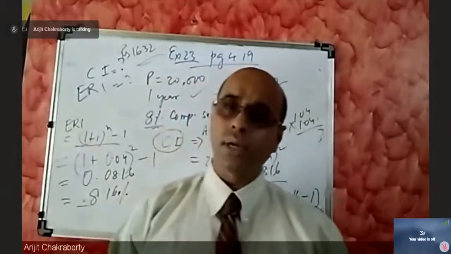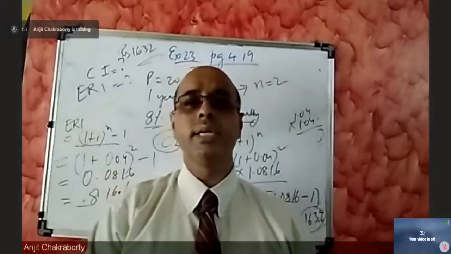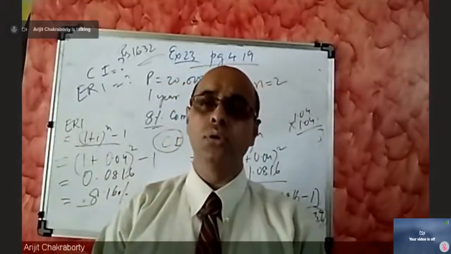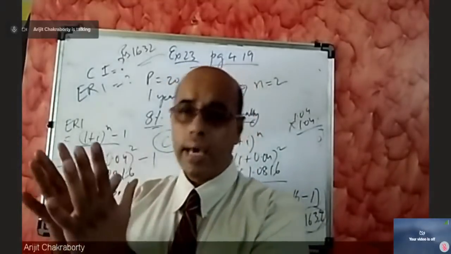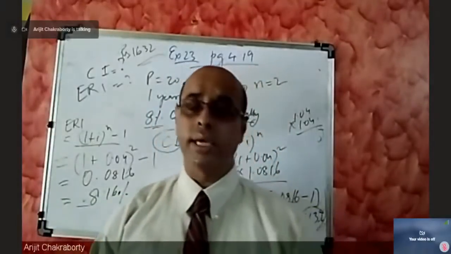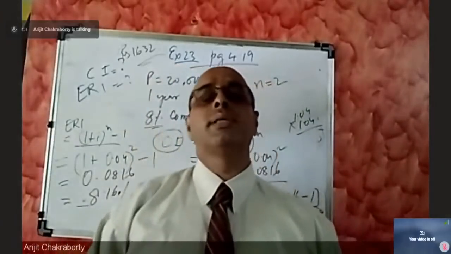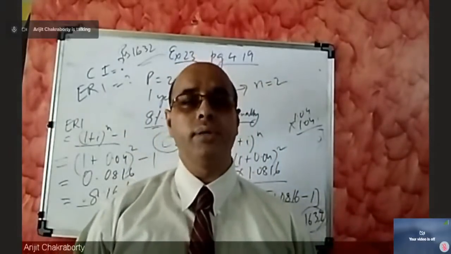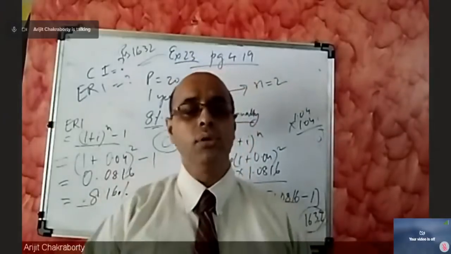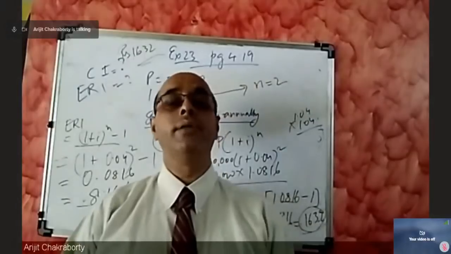We did numericals on the effective rate of interest, and we proceeded to understand cash flows in terms of FV, that is future value, and we looked at annuity in detail. We have two types of annuity: annuity regular, where the payments take place at the end of the period, and annuity due or annuity immediate, where the payments take place at the beginning of the period.